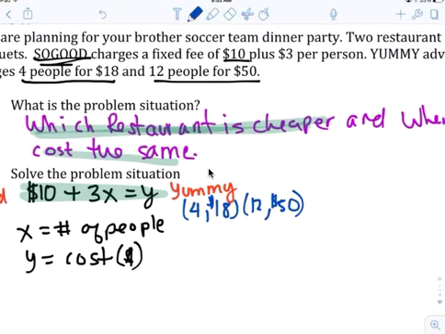Okay, so basically x1, y1, x2, y2. You find the slope, or what we call the rate of change. So 50 minus 18, y2 minus y1, over x2 minus x1, where x2 is 12, minus 4.